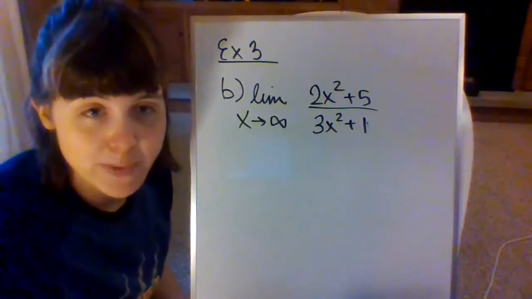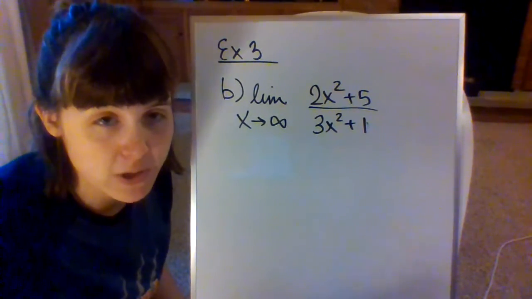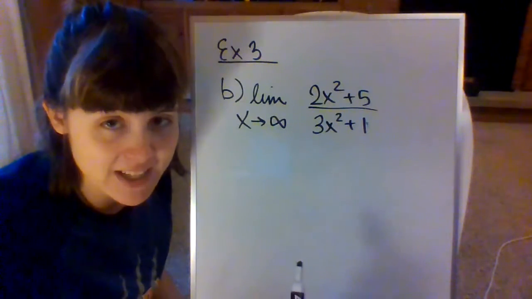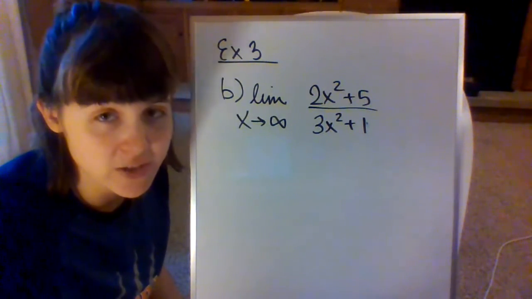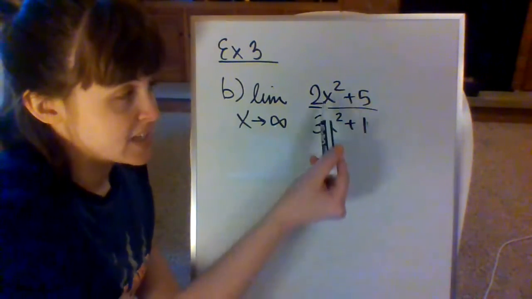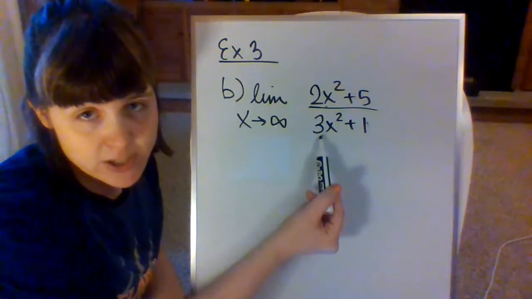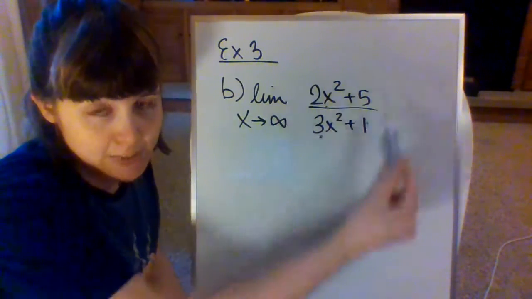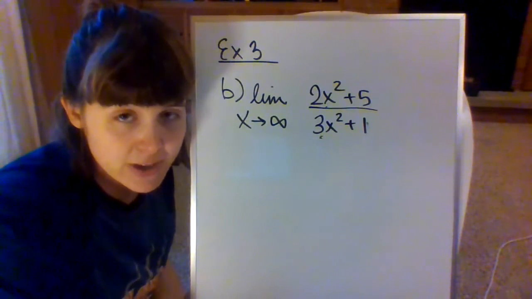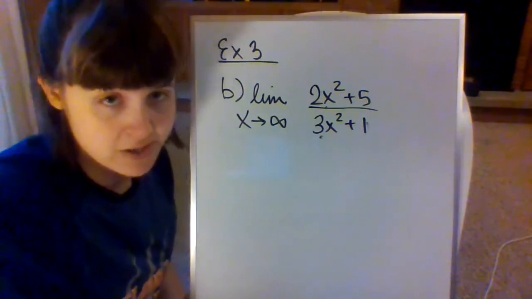And if you remember from when we did these in class before, once you notice a slight pattern to this, you can do it a lot faster and you don't have to write out every single step. So, for instance, because this says 2x squared here and this says 3x squared there, the limit of this thing is going to be 2/3. But I'm still going to divide by the highest power of x to show you that.